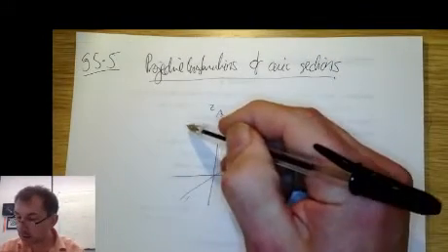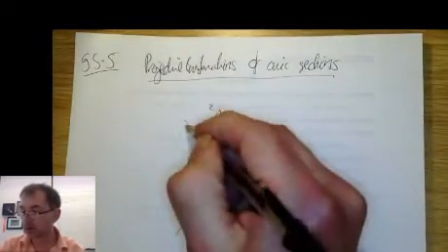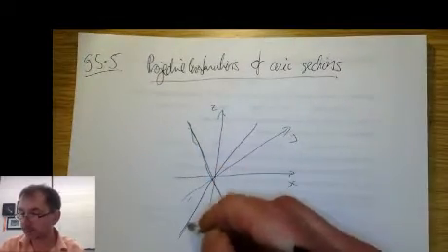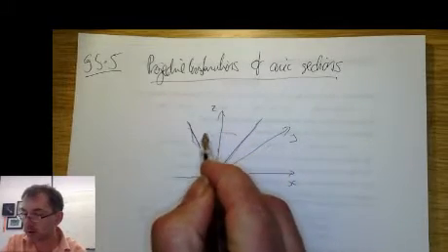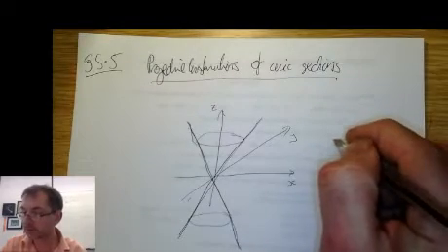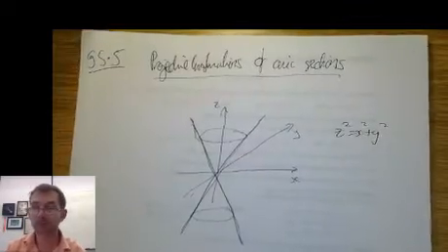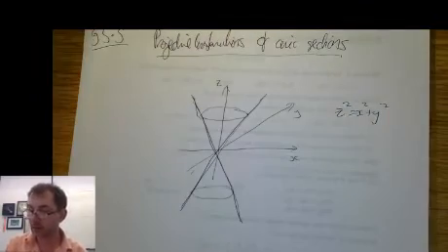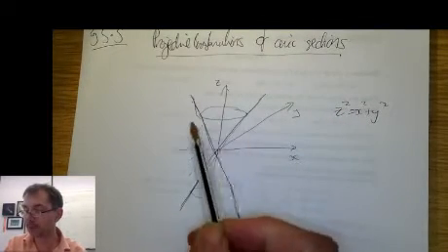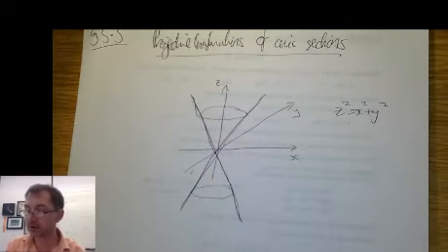My cone is given by the equation z squared is x squared plus y squared. So we get a circle of radius z as we go up the z coordinate.